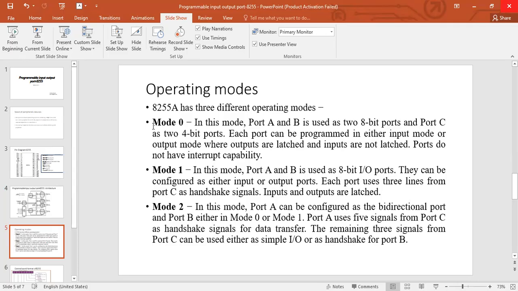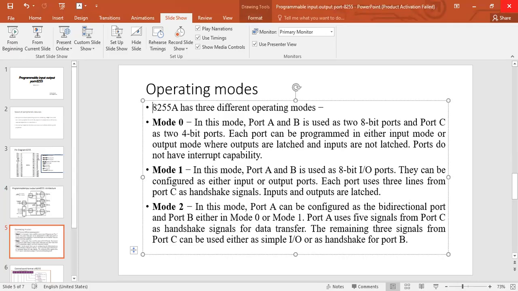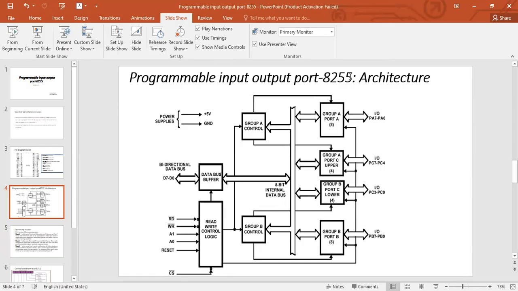As per the requirement of the interfacing circuit or as per the requirement of the user, the operating mode is selected, and for the selection of this operating mode we have to frame a control word for the particular IC. Suppose this is the 8255 IC, so we have to draw the control word format.